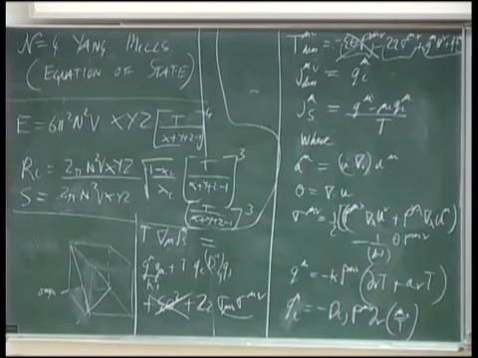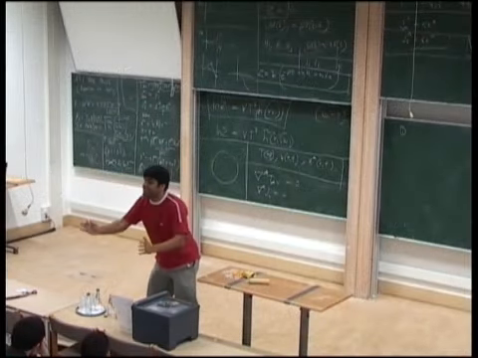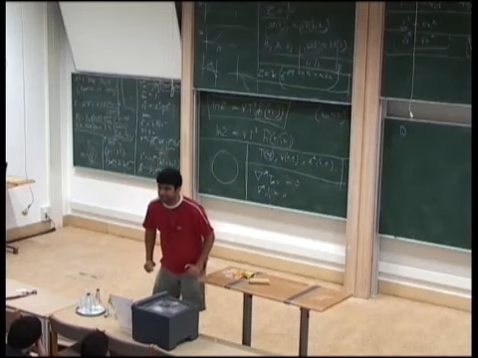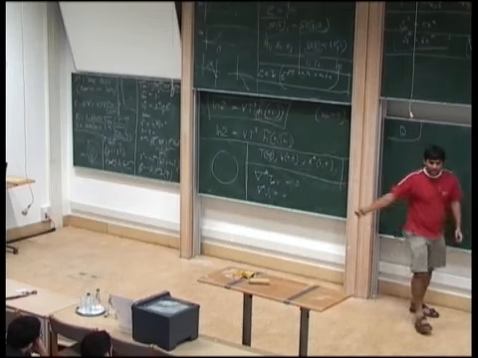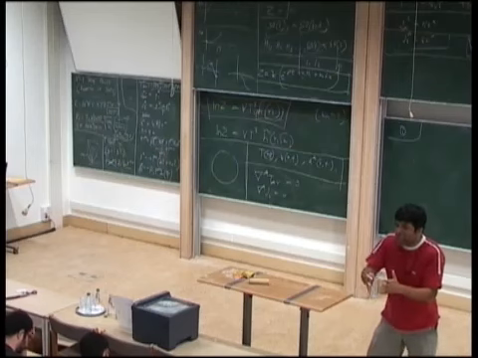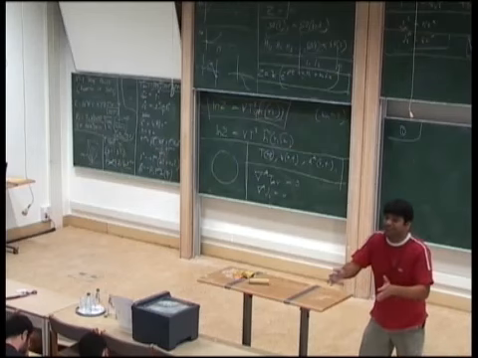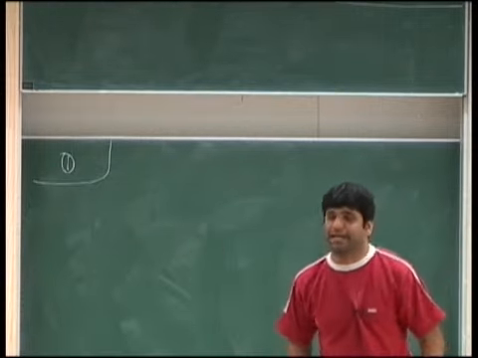The second thing I wanted to say was a little bit about the validity criterion for fluid dynamics. Okay, fluid dynamics, remember, is an expansion in derivatives. Okay, how small do the derivatives, or how large does the length scale of variation have to be in order that we can trust fluid dynamics?